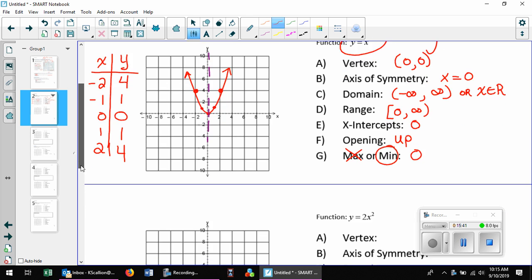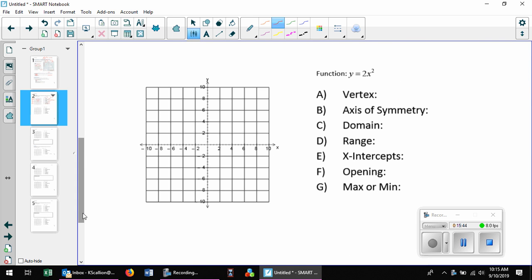All right, moving on. Okay, so now we're going to do another table of values. I'm a big fan of -2, -1, 0, 1, 2. You can pick other numbers, but just be careful of your increments on your axis. Okay, I've given them to you, so I'm going to try to keep things within that.